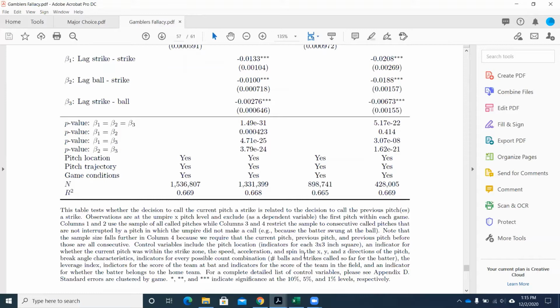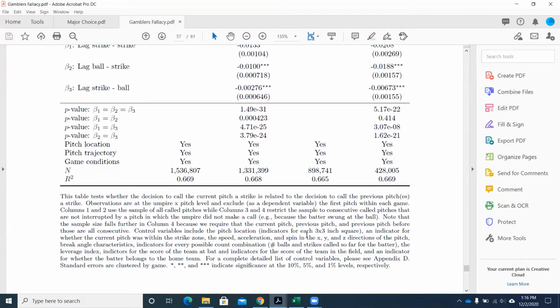There's a data set that has the vector of every pitch, with X, Y, and Z coordinates, and you can pick up things like the acceleration and the curve. They broke the strike zone down into little 3x3 inch squares, and looked at pitches on the edge of the strike zone, on a square that was either just inside or just outside of it.